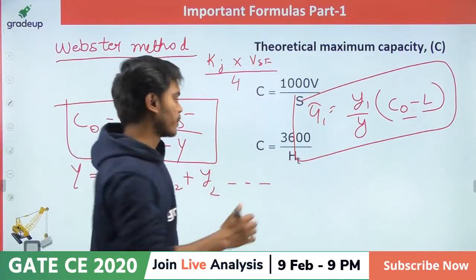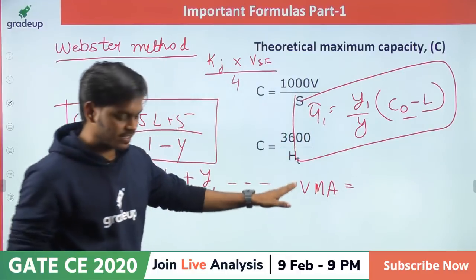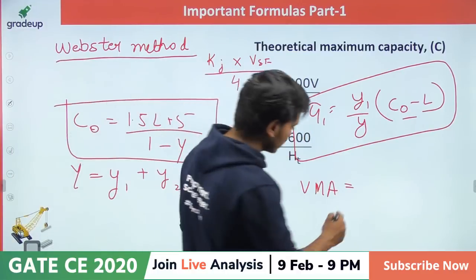VMA, voids in mineral aggregate, is nothing but VV plus VB.